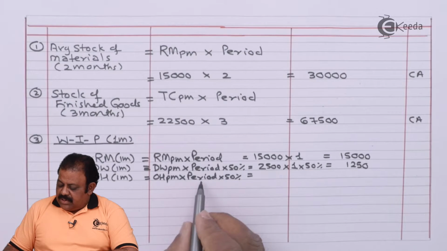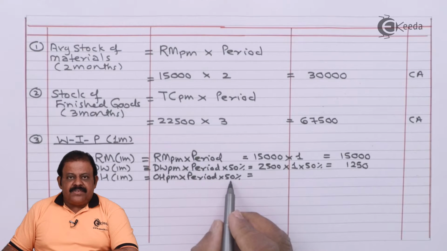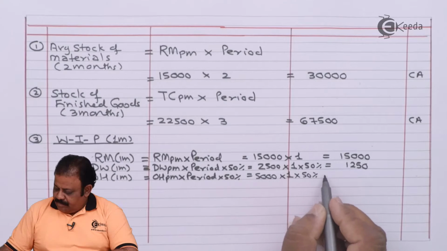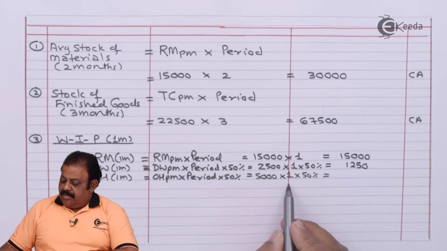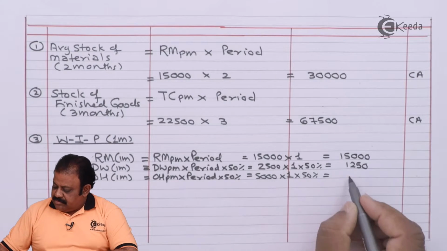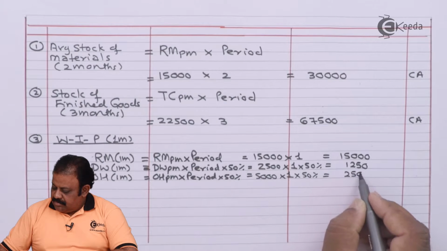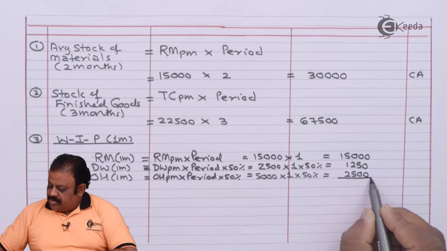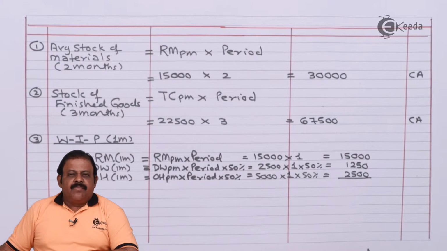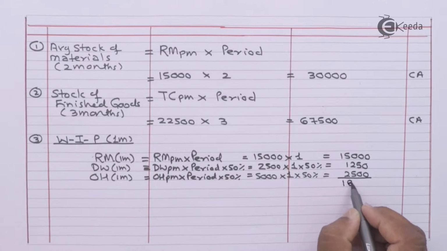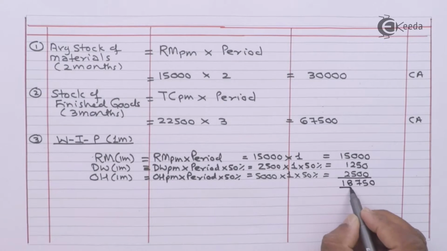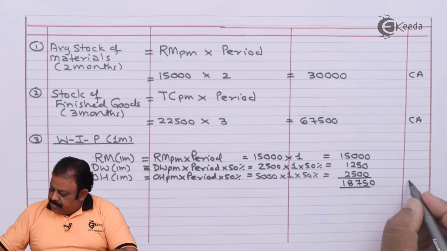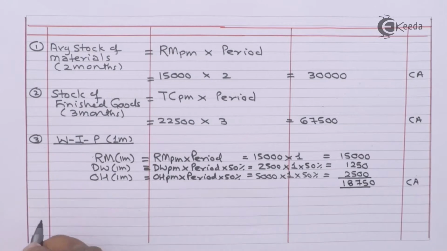Overheads per month multiplied by period multiplied by 50%. 5,000 multiplied by 1 month multiplied by 50%, 2,500. We'll add now these three values to get work in progress stock. 18,750. This will be part of current asset.